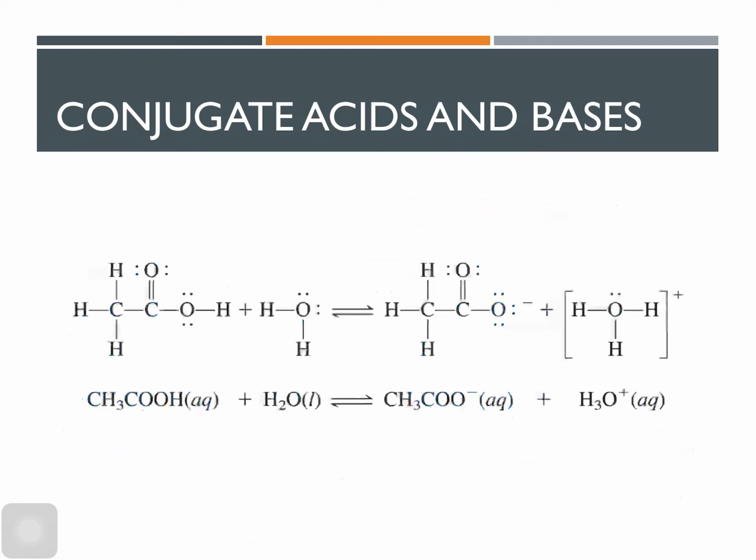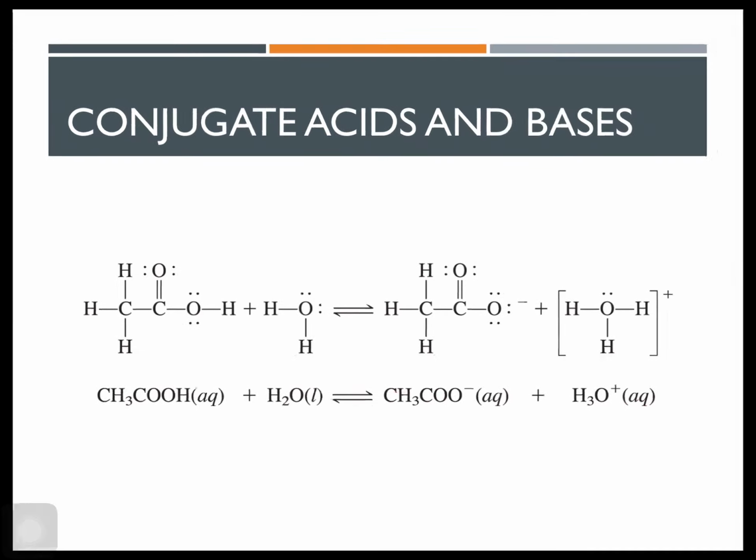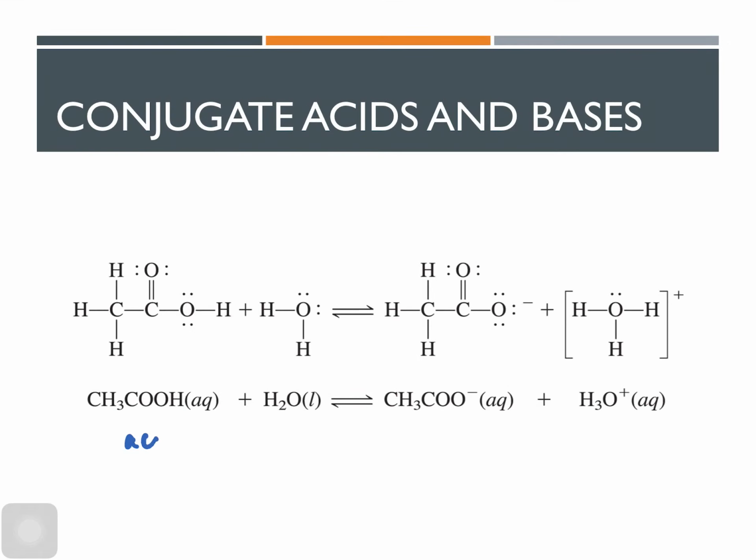Here, the two equations are the same. This is just the molecular representation of this reaction. So you can see here, we have acetic acid. This is water. This is acetate. And this is hydronium ion.